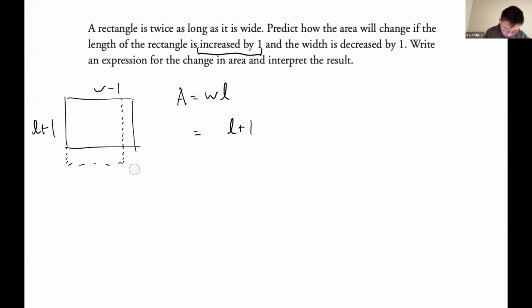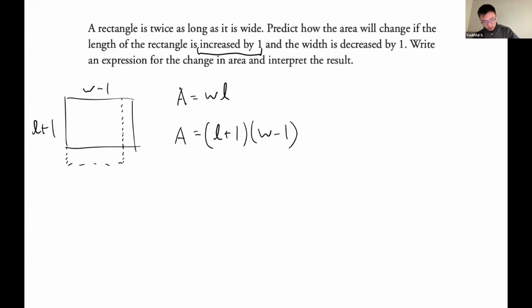So it's going to look something like this. So we have the length plus 1 times the width minus 1. That's the new area. And then we just have to write an expression. So we have length times width. And I'll just write it in the other order. Width times length plus width minus length minus 1.